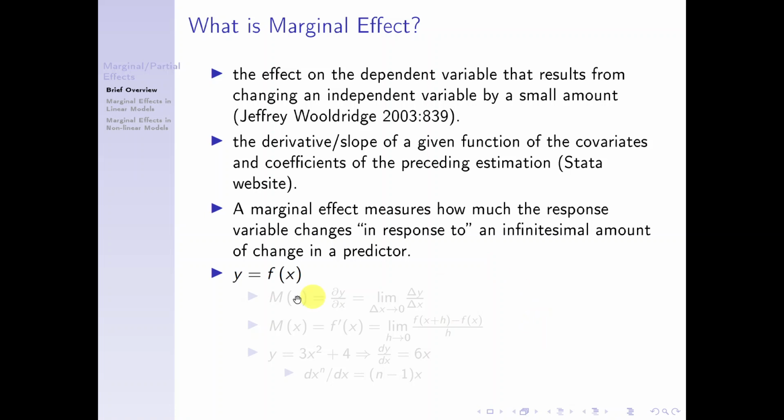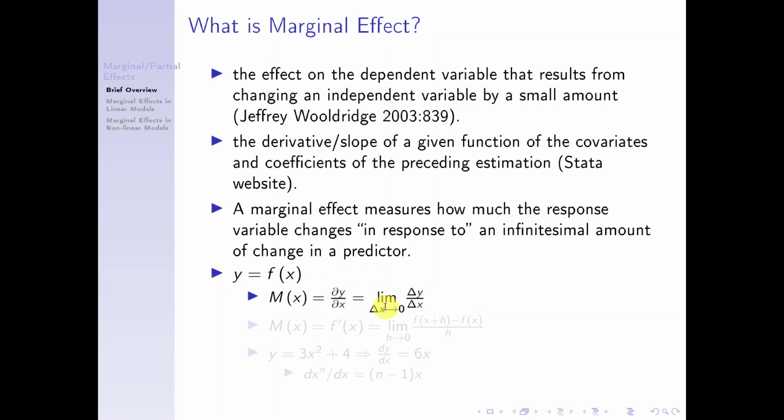So let's say here we have this function, y equal to f of x. What is the marginal effect of x on y, assuming we only have one covariate? Well, it is equal to this calculus sign. So what is that calculus sign equal to?